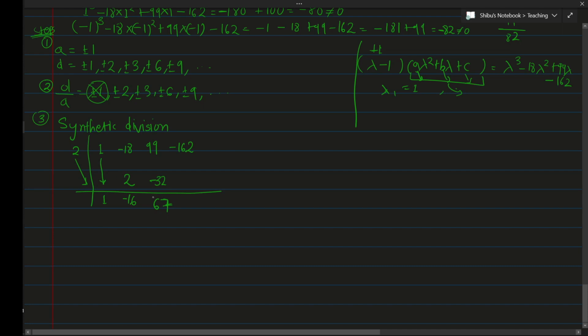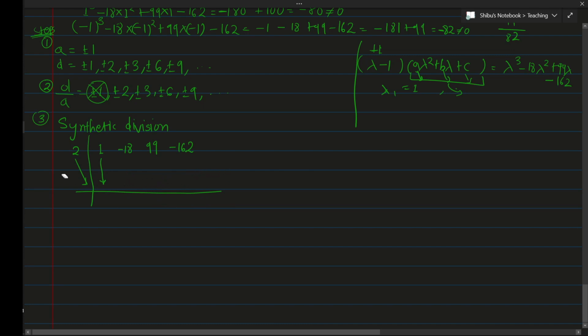Again multiply 2 with 67 and it will give 134, and add these two, so it will give minus 28. As this is not equal to 0, 2 is not a root of the cubic equation.